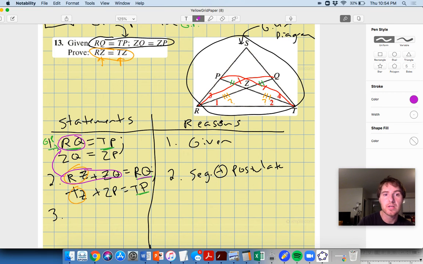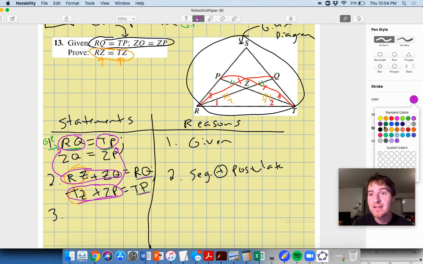And I got TP up here, and TP equals this right here. So what I can do is I can take TZ plus ZP and I can replace TP in this top equation right here. So I can take these two expressions, this equals that, and that's up here. I can substitute that in there.